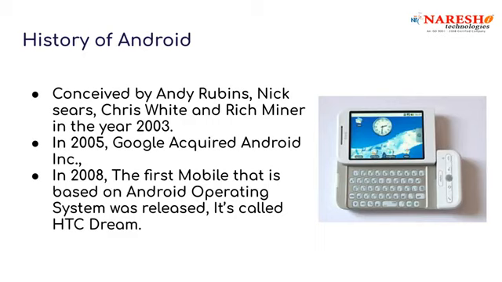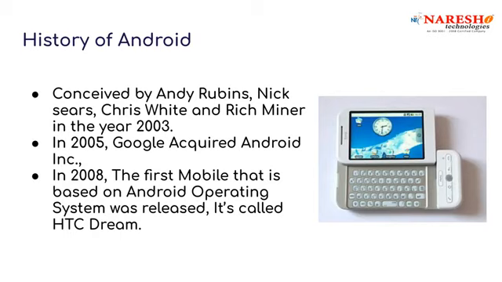That's the very reason they diverted their efforts into building an operating system for mobile phones, not for digital cameras. Liking this idea very much, in 2005, Google acquired it. The development process continued till 2008, and in 2008, the first mobile based on the Android operating system was released.